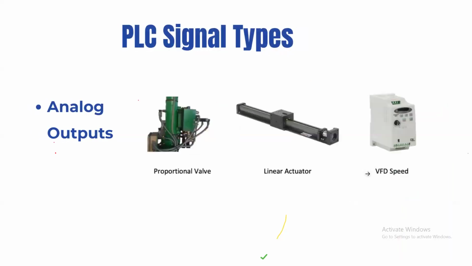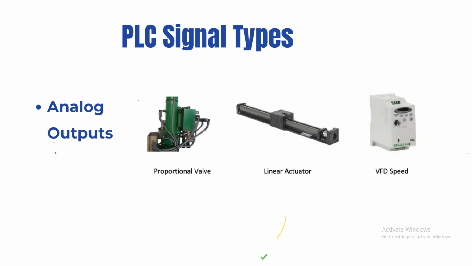So analog outputs. We have a proportional valve. A proportional valve is a valve that opens in percentages. But there are also on-off valves, like ball valves and other devices, which basically only open or close.